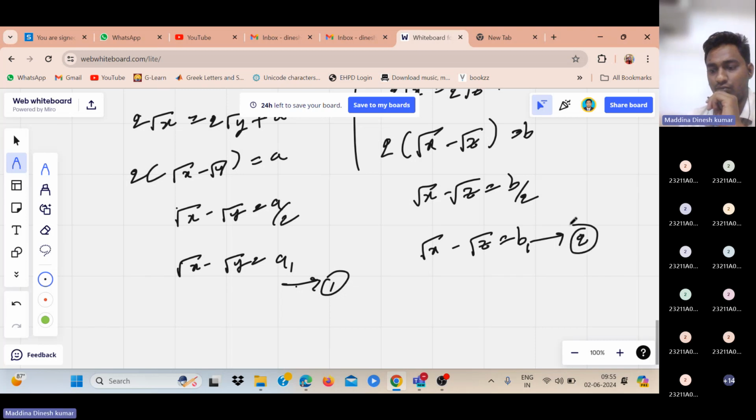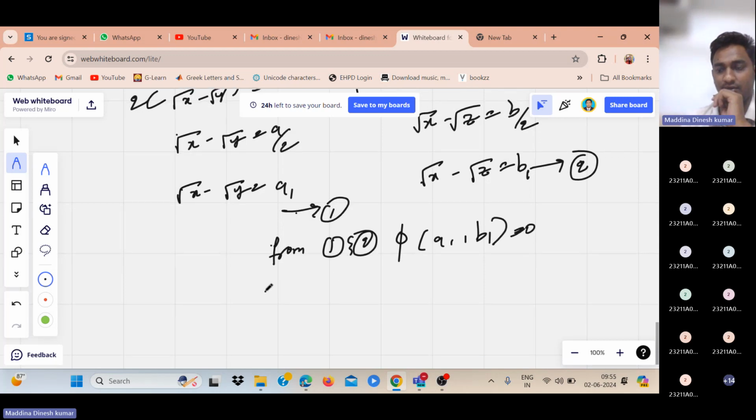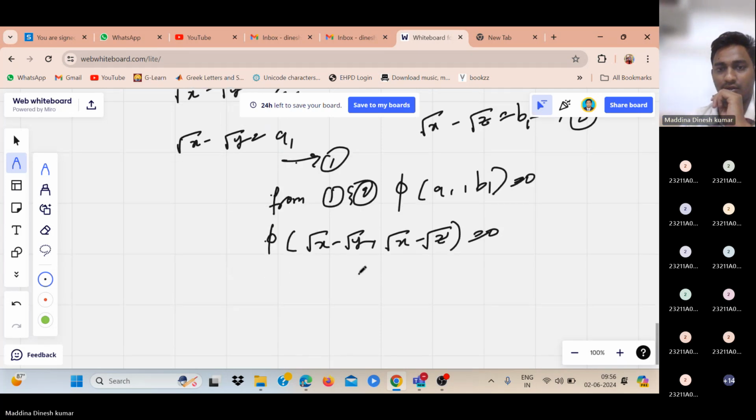Consider it as equation number 2. Okay. From 1 and 2, I am going to write a solution phi of a1 comma b1 equal to 0. That is phi of square root of x minus square root of y comma square root of x minus square root of z equal to 0, or a1 equal to f of b1, since phi is already used as a function, I will use the function f.